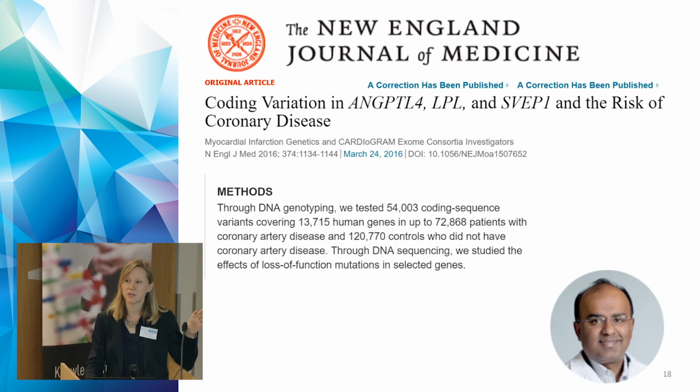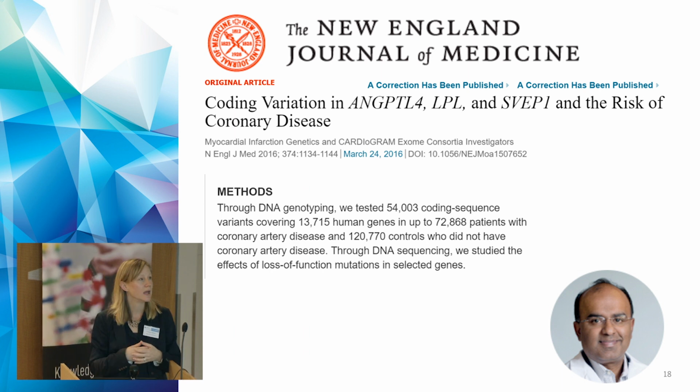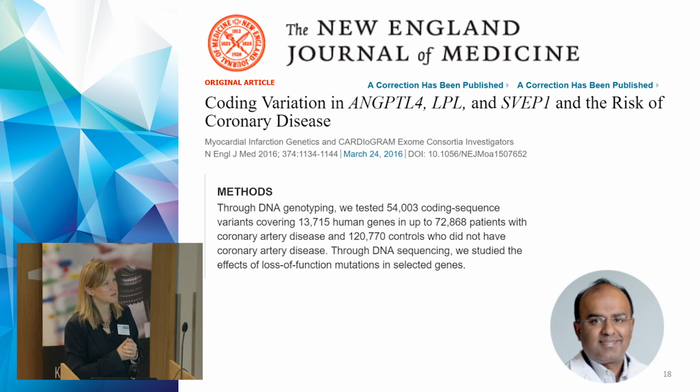And through a collaboration that was mostly led by Sate Catheracin, we put together a consortium of, I can't remember how many studies are in here, probably on the order of 30 or 40 different studies who all did a similar sort of experiment to what we did. We put all our data together, and in sample sizes that are absolutely enormous: 73,000 patients with coronary artery disease, 121,000 controls.